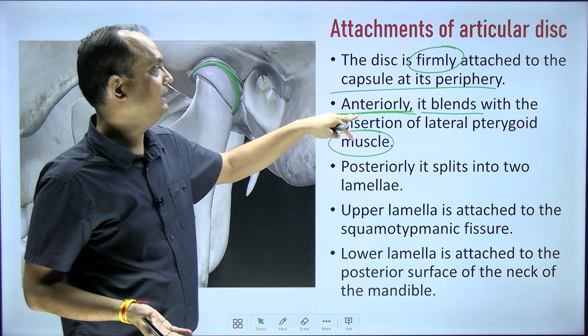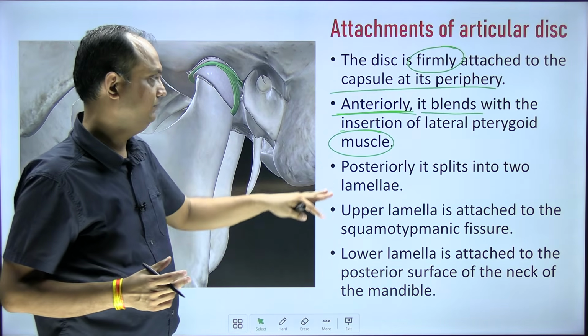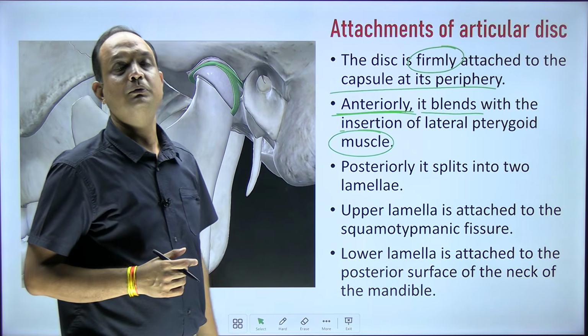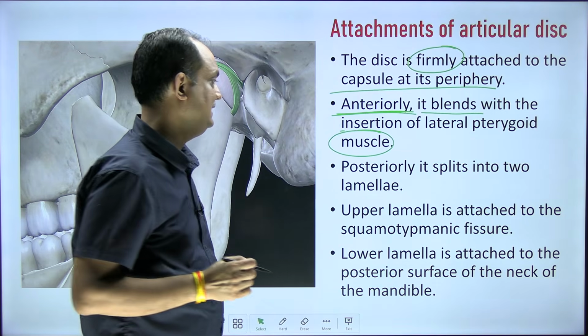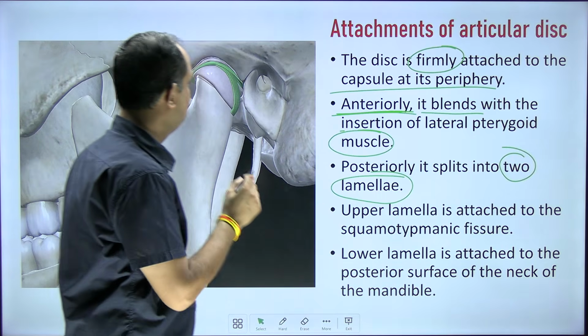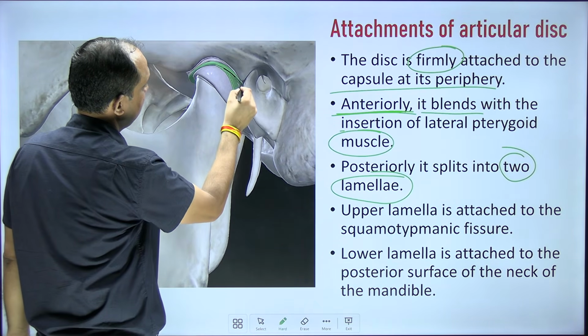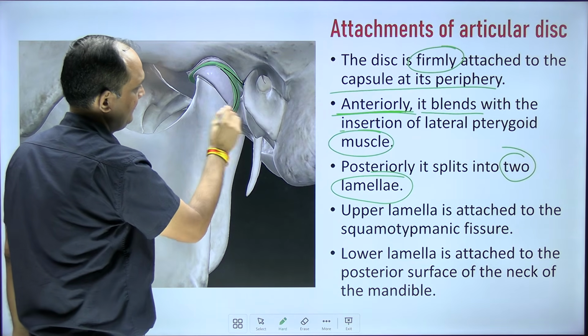So anteriorly the disc blends with the capsule as well as with the tendon of the lateral pterygoid muscle. Now when you see the posterior part of the capsule, you will realize that it is split into two lamellae. In this picture you can see there are two lamellae.